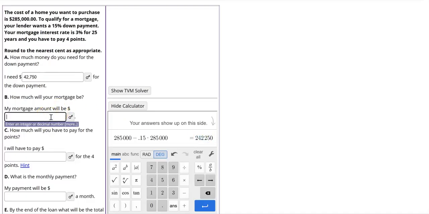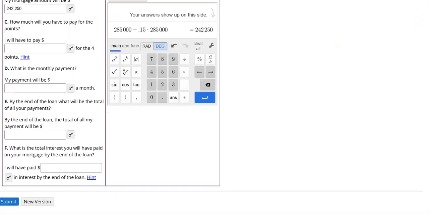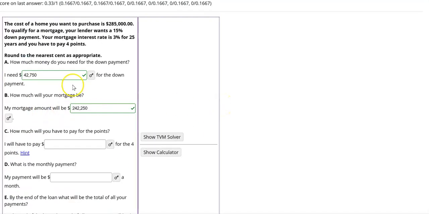That's what you need the loan to be to buy the house. That's the mortgage, which is called the loan. You can check this answer to make sure we are doing it correctly. So far we got it right.